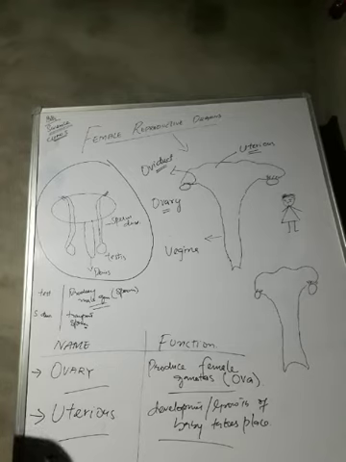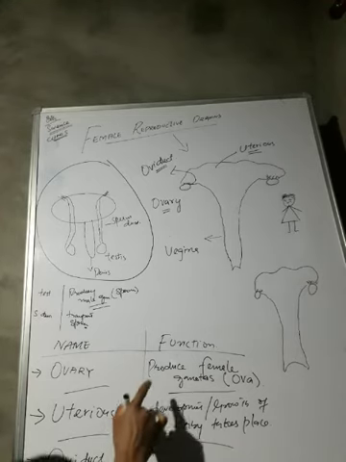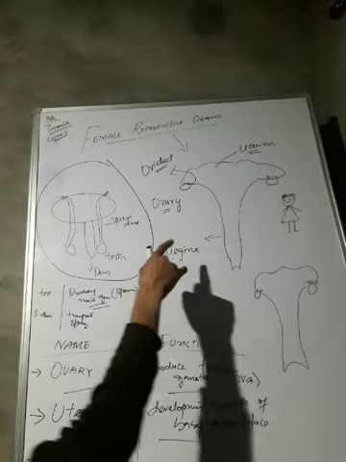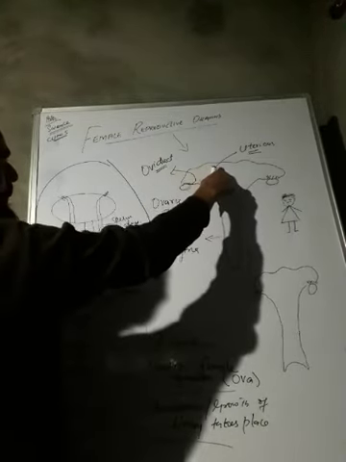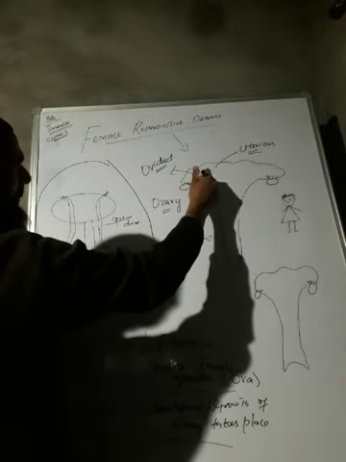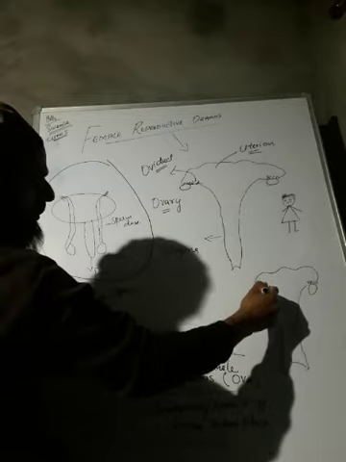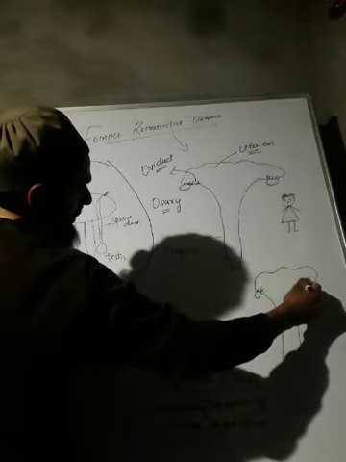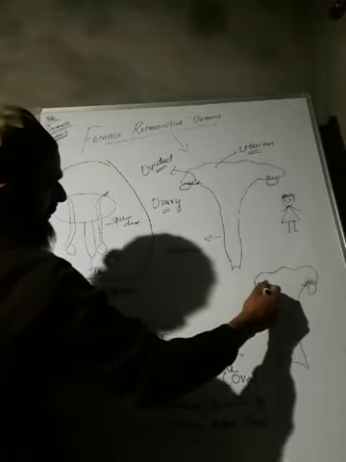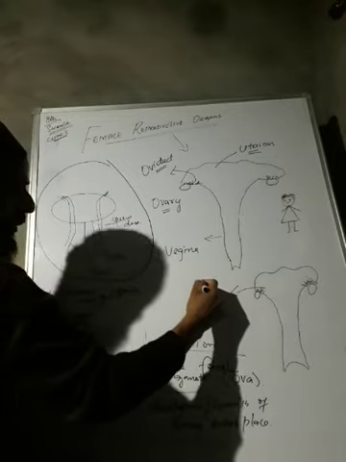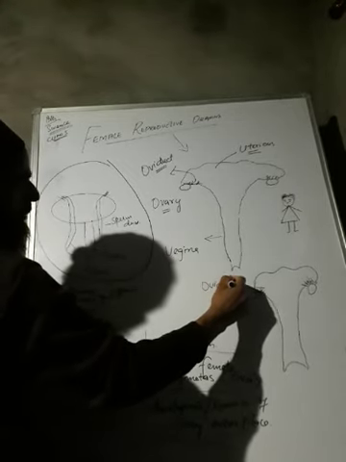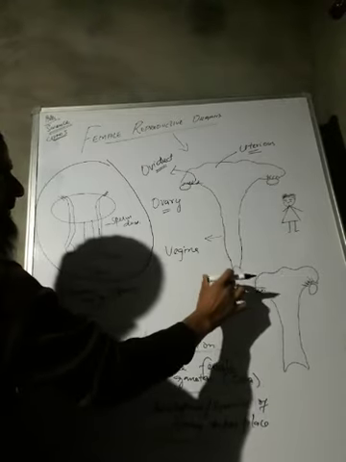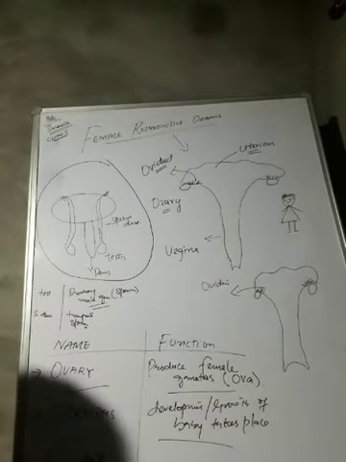The third one is the oviduct. It is in the lower part of the uterus. There is the uterus, and the lower part of the uterus is here. So this is the part of the uterus, and this one is the oviduct.